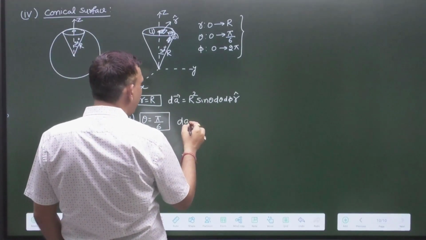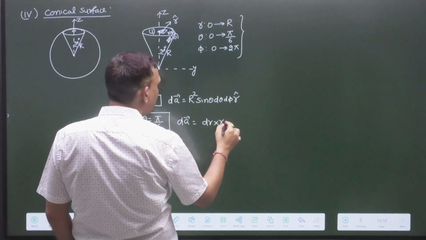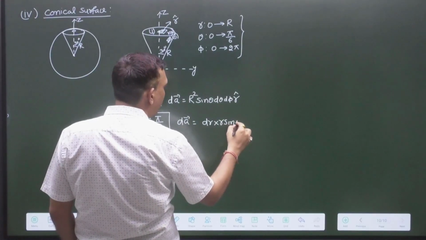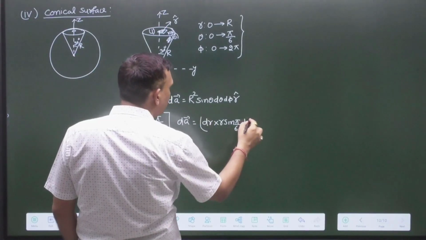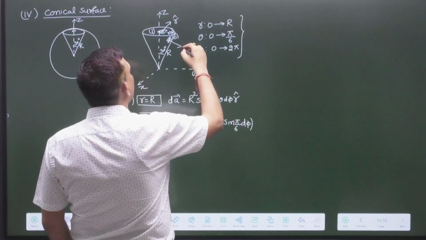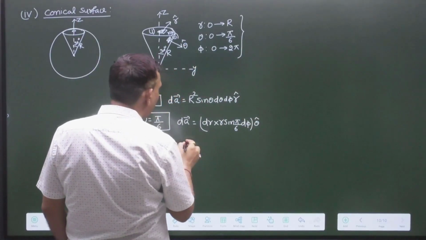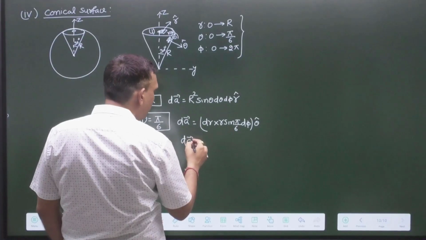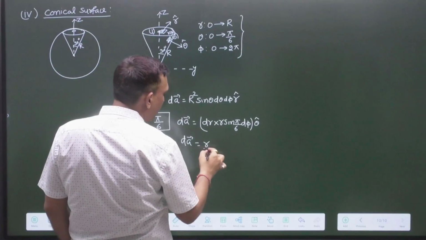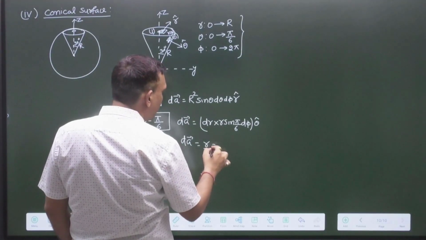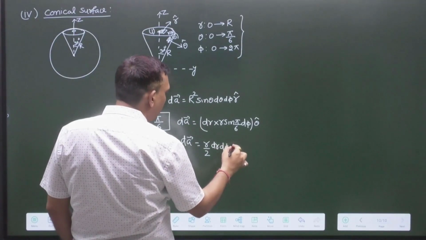So dA is given by dr into r sine pi by 6 d phi, and what will be the direction? Theta cap. So dA on this surface, and sine 30 is 1 by 2, so r by 2 dr d phi, and direction is theta cap.